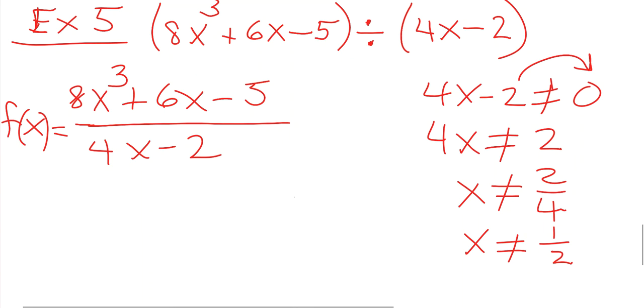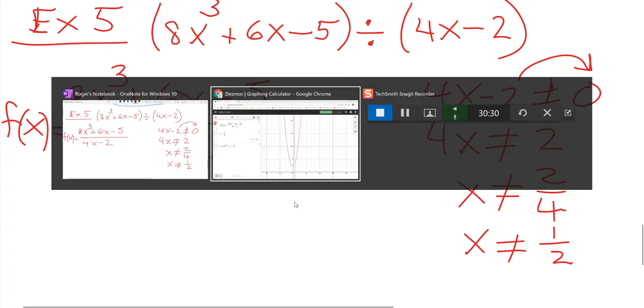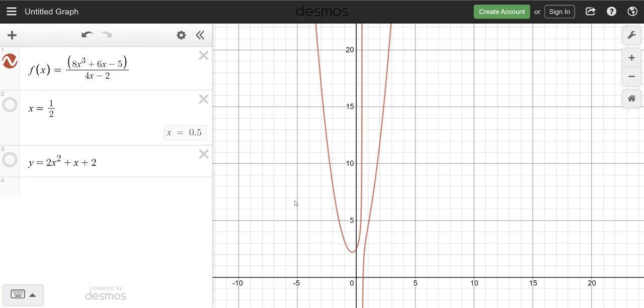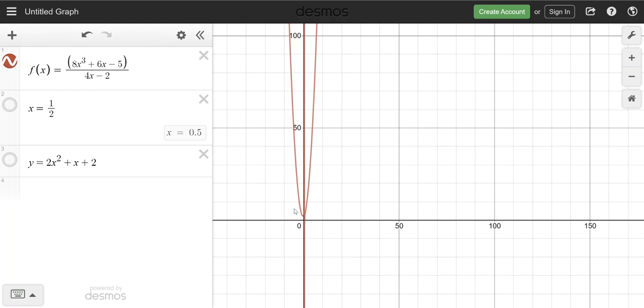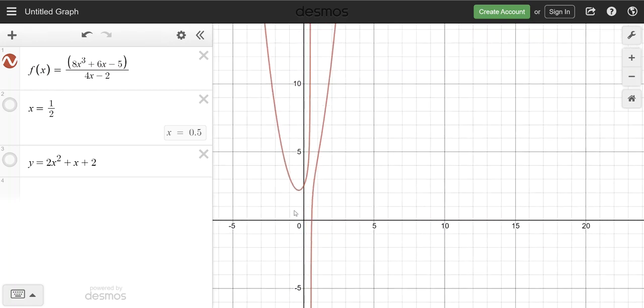And what if before we did the long division, we just looked at the graph and said, what does this thing look like anyway? 8x cubed plus 6x minus 5 all over 4x minus 2. How does that graph out? Well, the Desmos graphing calculator is very cool. It allows us to see all kinds of things. So here is 8x cubed plus 6x minus 5 divided by 4x minus 2. Look at this.